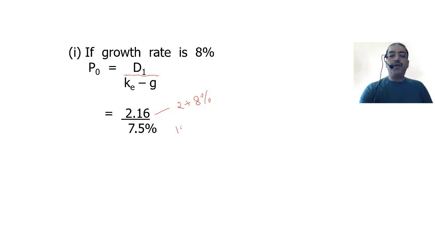It is 15.5 minus 8%. 15.5 minus 8% is equal to 7.5%. 2.16 divided by 7.5% comes to rupees 28.80. So if the growth rate is 8%, the current market price should be 28 rupees 80 paise.